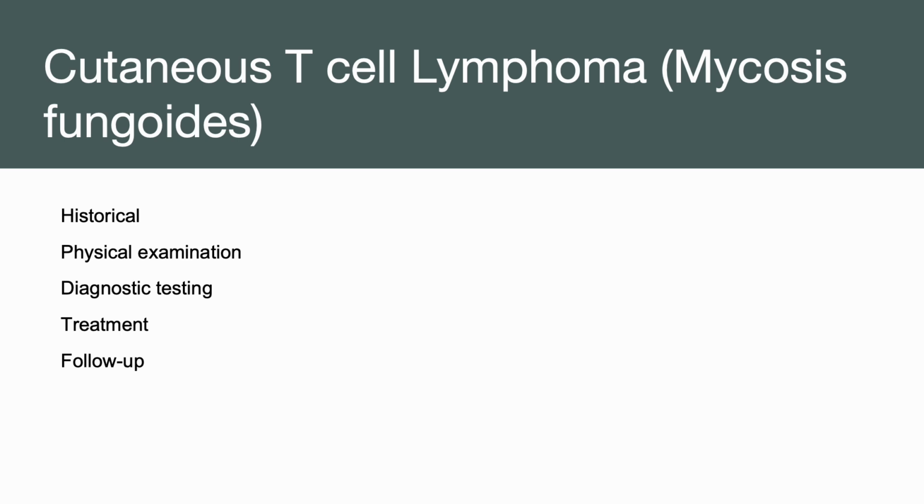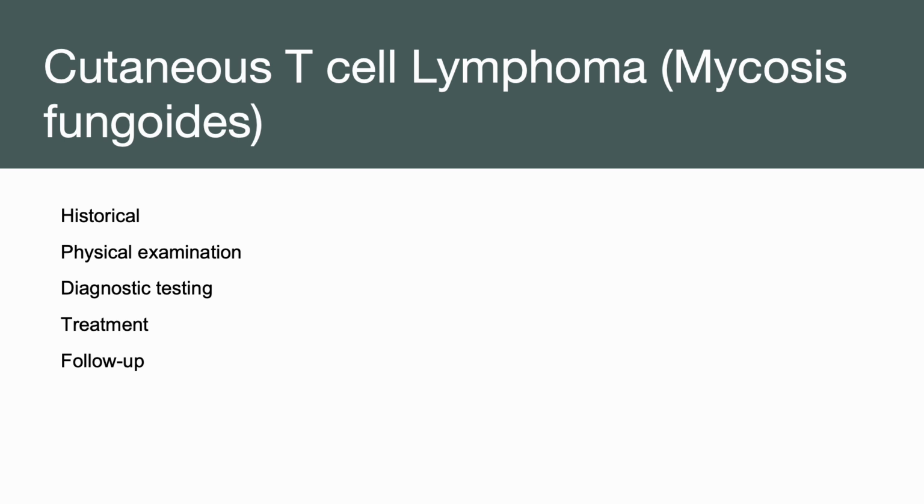For history, you want to ask about chronic progressive skin changes. Physical exam shows various stages of lesions. Diagnostic testing, skin biopsy is helpful, although sometimes it does require multiple biopsies over time to get this diagnosis. And immunophenotyping is helpful.